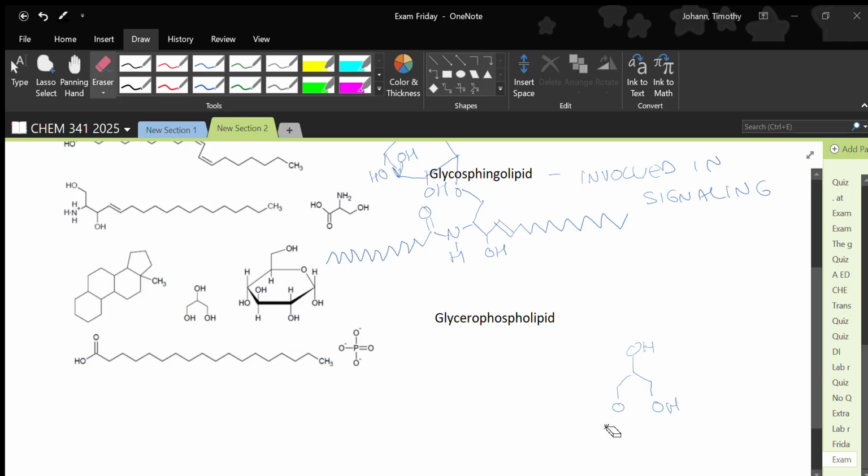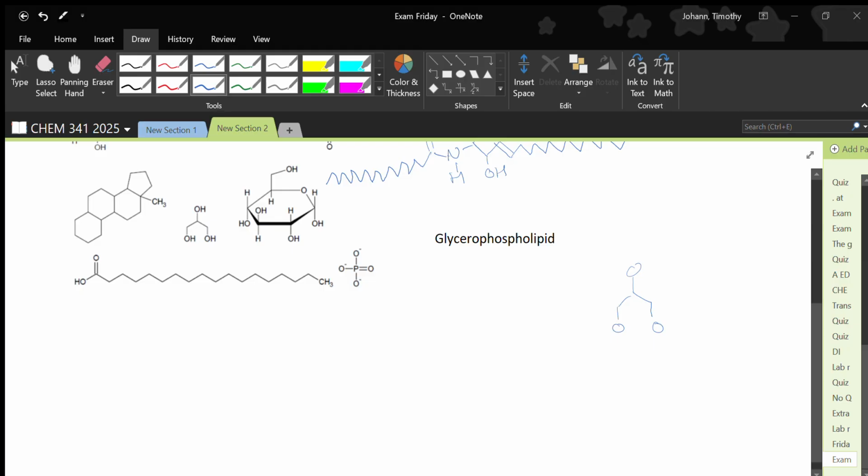So I'll just erase, since I'm not going to have those hydrogens in the end anyway. A glycerophospholipid is going to have a phosphate for a polar group, right? Which hydroxyl does it go on? On one of the outside ones, not the middle one. Okay, just not the middle one. So it doesn't matter which one of the other two you choose because there's not a difference.